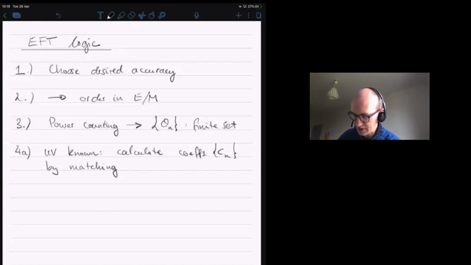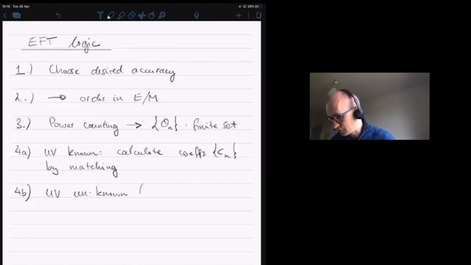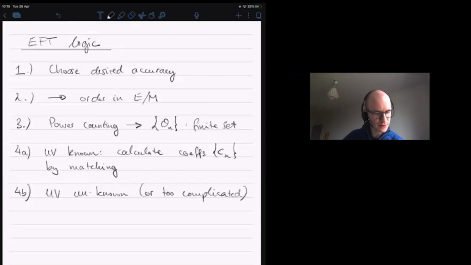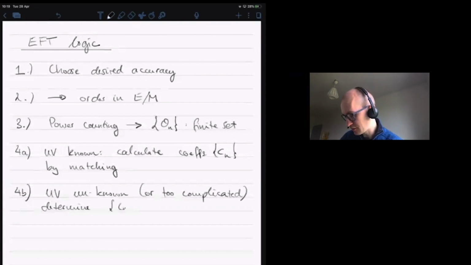And then for B, this is if the UV is unknown, or of course, the subcase of 4A where it is known in principle but in practice just too hard to do. Then we can determine the finite set of coefficients by comparison with amplitudes.